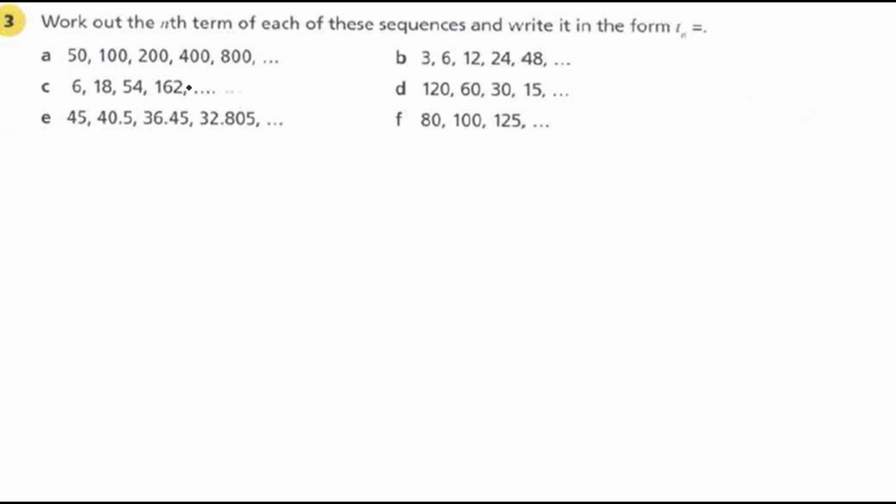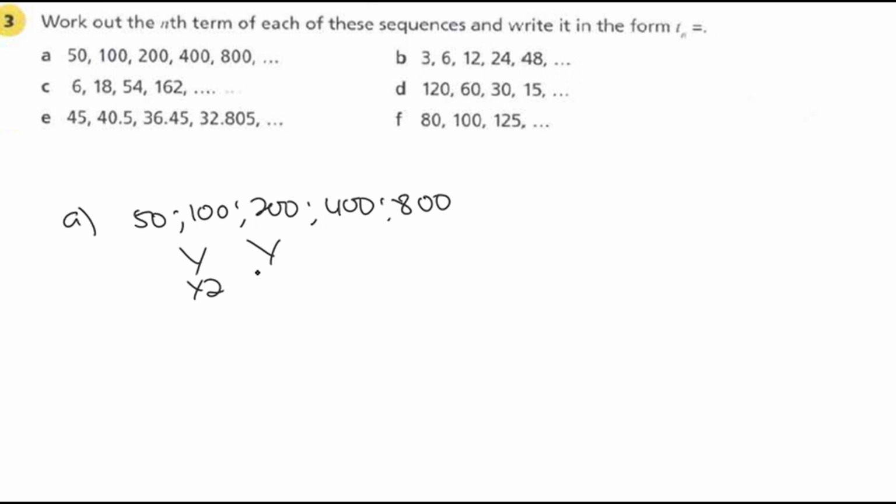In this question, we have to determine the nth term and write it in the form Tn equals. So the sequence is 50, 100, 200, 400, 800. Now, we need to check what the multiplier is. So 50 times 2 gives us 100, 100 times 2 is 200, 200 times 2 is 400, 400 times 2 is 800.